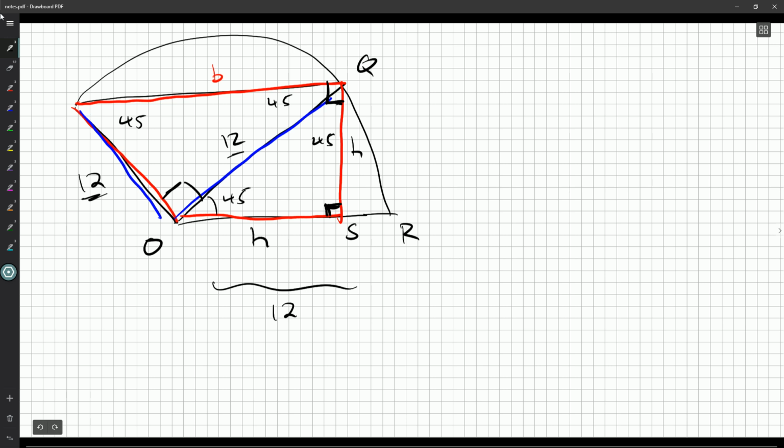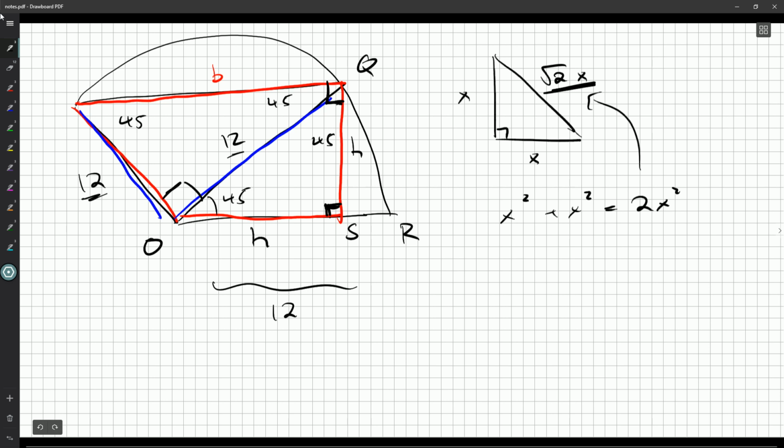Now, one of the nice things about isosceles right angle triangles, if you know their legs, call them x here, you can use the Pythagorean theorem, x squared plus x squared, and you get the hypotenuse squared is 2x squared, so this must be root 2 times x. Or if I know the hypotenuse is root 2 times x, I can divide by root 2 and get x, these legs.